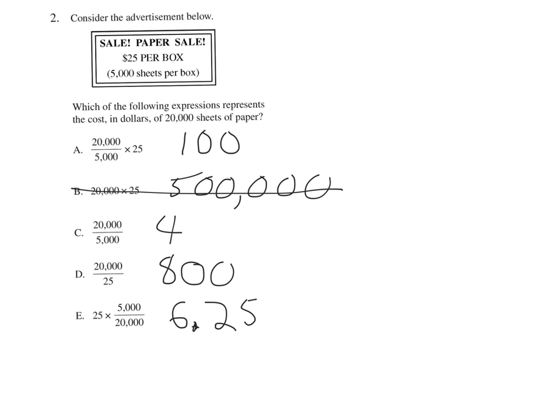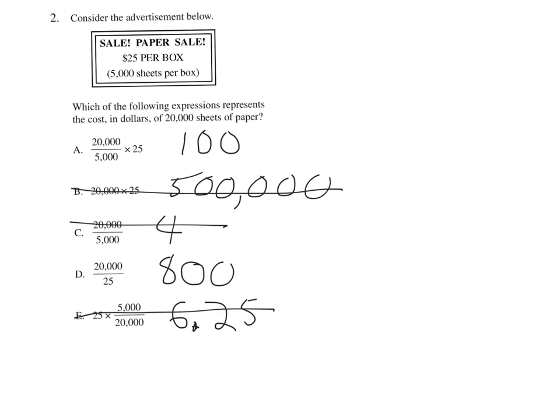Also, we see that this one works out to $4 for 20,000 sheets when it costs $25 for 5,000 sheets. In other words, it costs less to pay for more of the same thing. That never makes sense, which means this also isn't going to make sense.